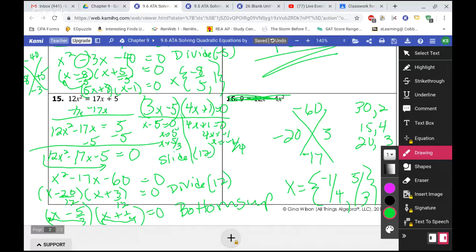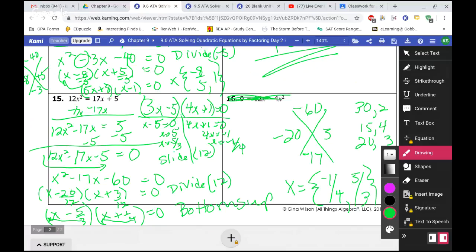So that's why I kept telling you guys all during the factoring unit, you got to remember all of your steps to factoring, because once we get to quadratics, you've got to get it in standard form, and then you've got to solve each little factor. So we've added some things. Don't forget, put it in standard form first by using algebraic principles of inverse operations to get everything on the left-hand side and your 0 on the right.